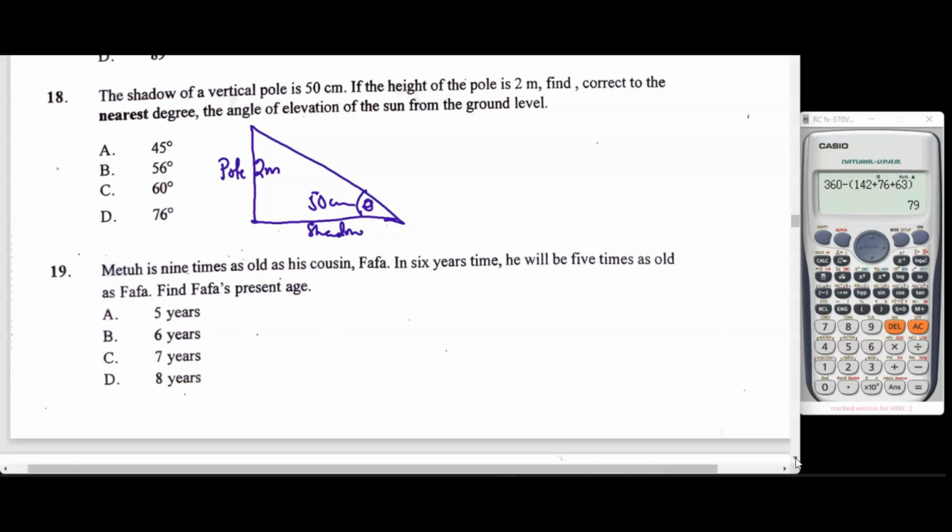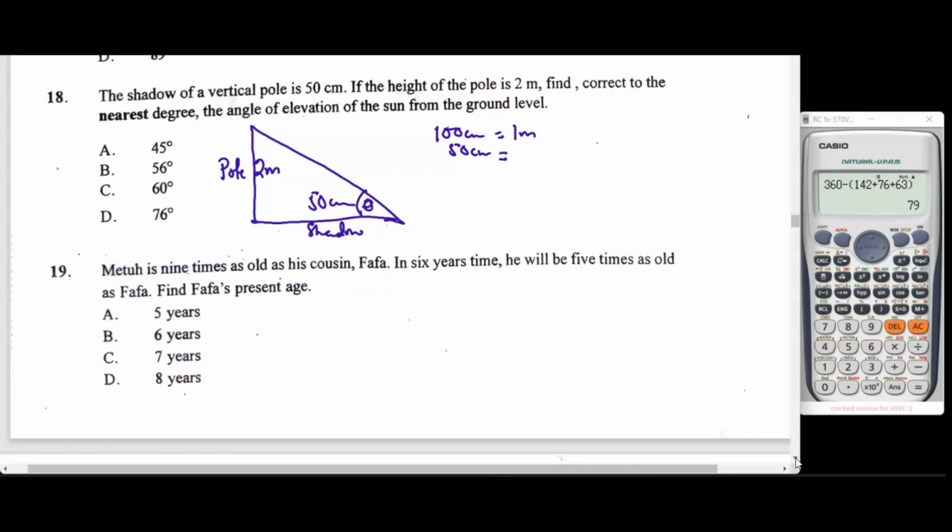So what then do we need to consider? Now we have 50 centimeters to be the shadow length. The height is 2 meters. So you can choose to change the centimeters to meters, and therefore 100 centimeters is equal to 1 meter. Therefore, how about 50 centimeters?